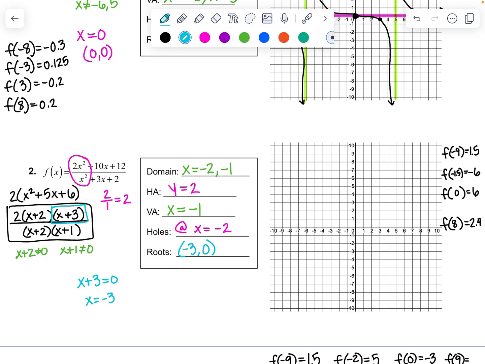All right. So I am going to start graphing. Again, I like to put in my vertical asymptotes first. In this case, it's just at that negative 1. I'm going to go ahead and put in my horizontal asymptote at y equals 2.